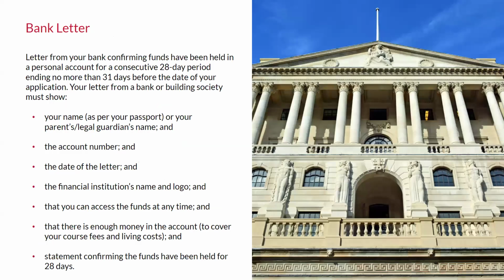A bank letter. Letters from your bank confirming the funds have been held in a personal account for a consecutive 28-day period, ending no more than 31 days before the date of your application, can be acceptable. Your letter from a bank or building society must show the following details.